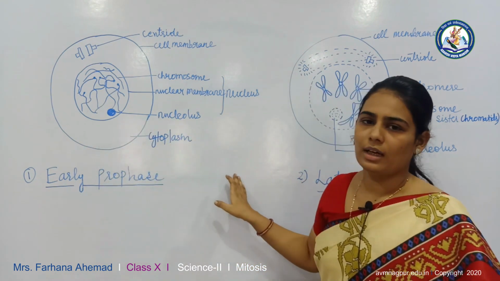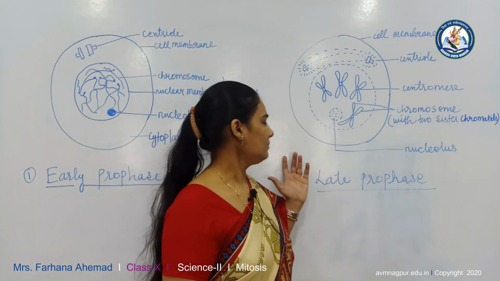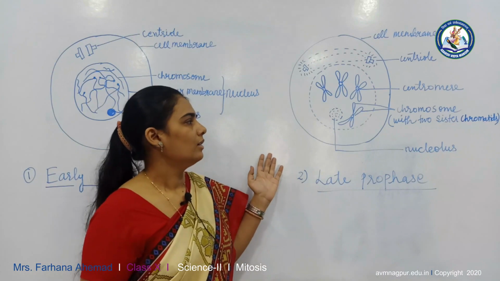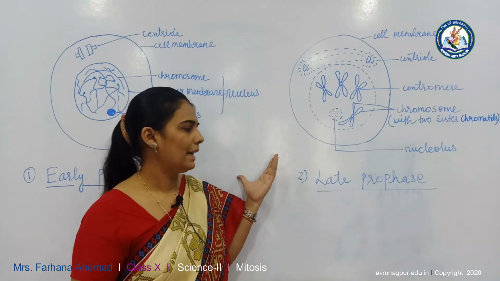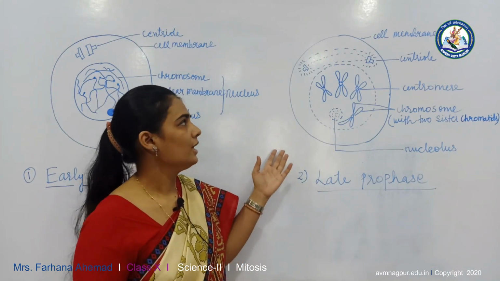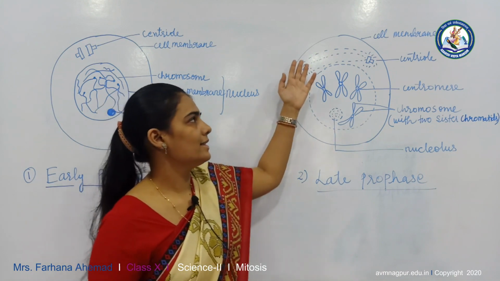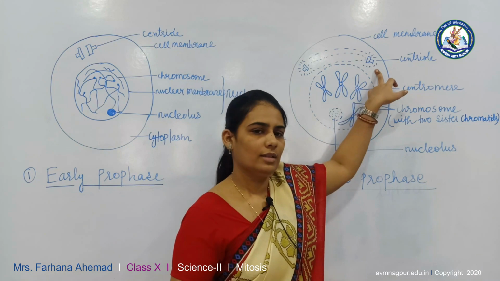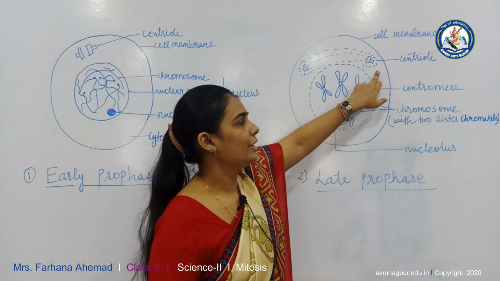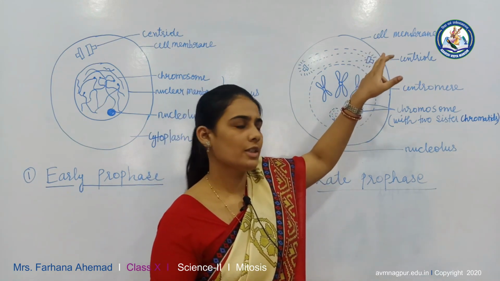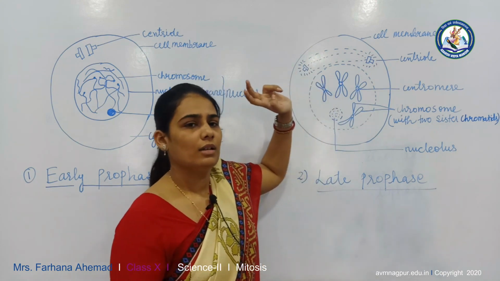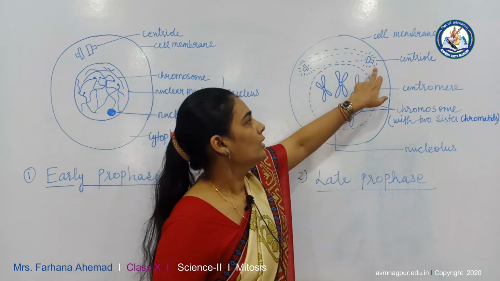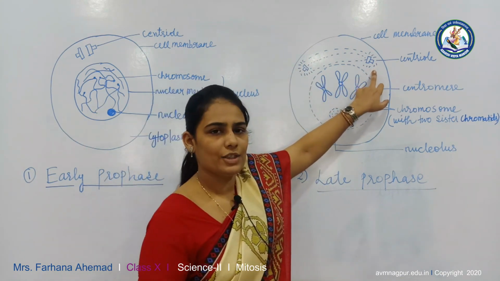Now our next stage is late prophase. This is also a part of the prophase stage. In this stage you can see this is the cell membrane. Now this is centriole. In late prophase, the centriole which arises from the centrosome now releases astral rays.